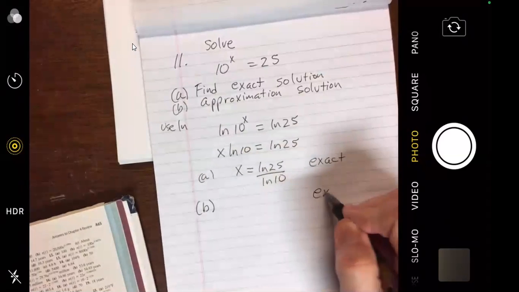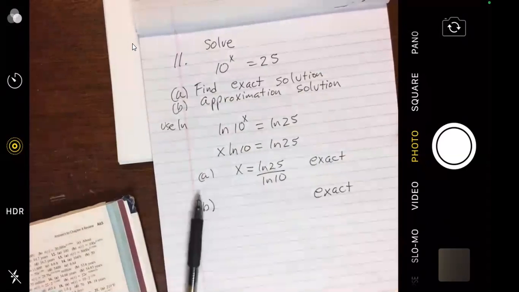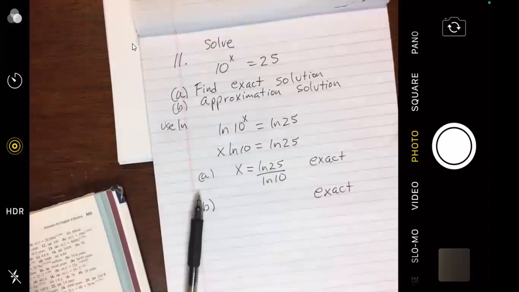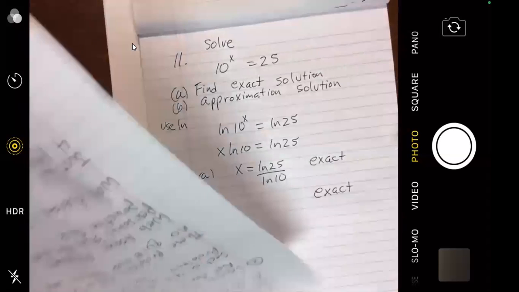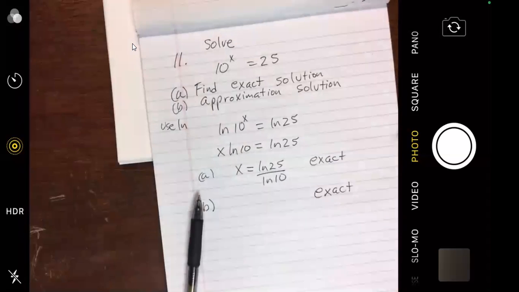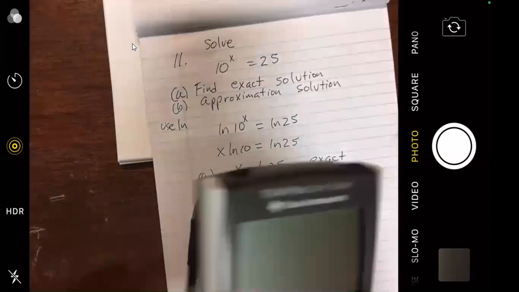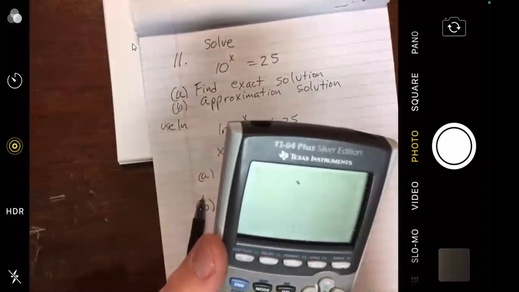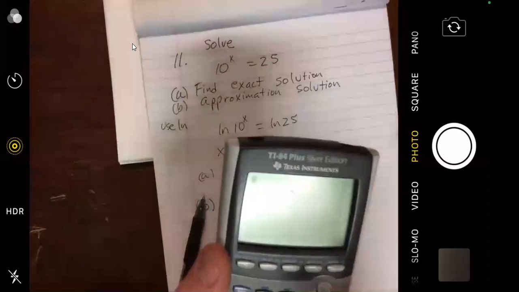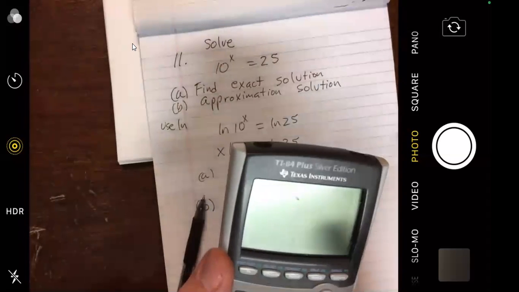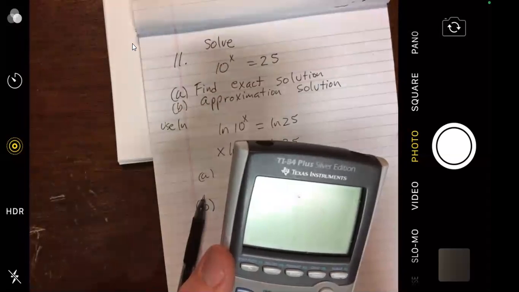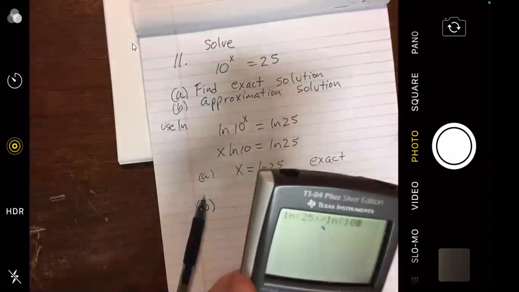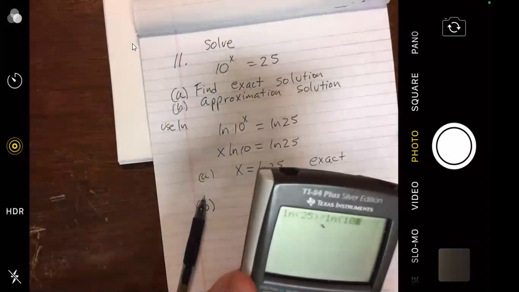On the exact, okay, ln, and they're dividing by ln 10. I'm sorry, 10. 1.3979.